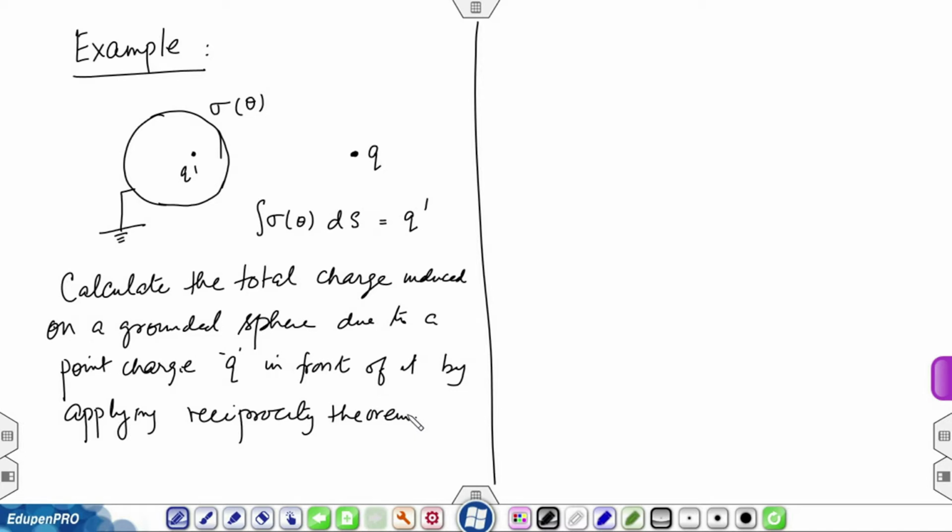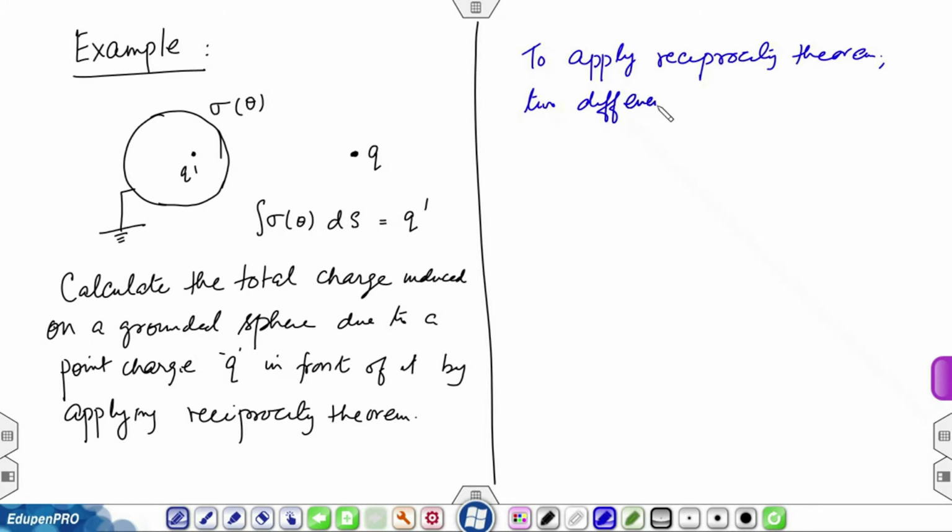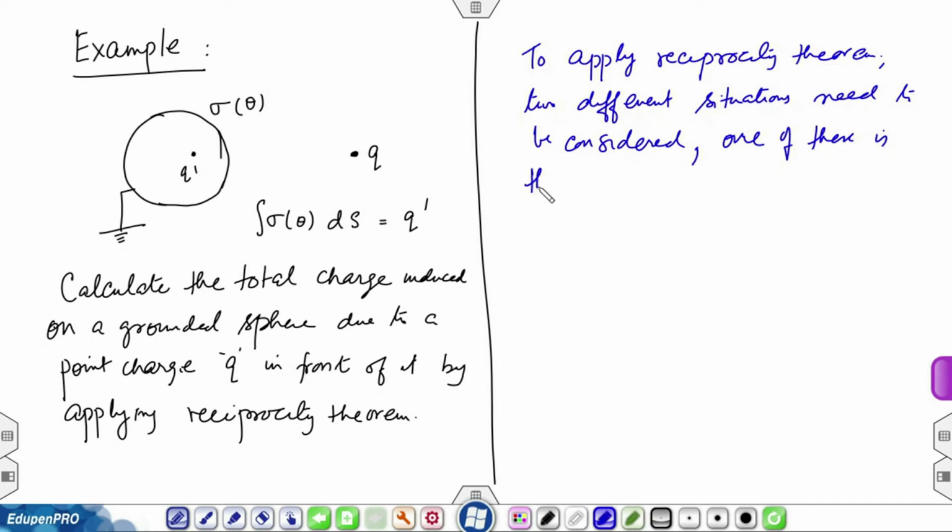To apply the reciprocity theorem, I have to create two different situations, and one of these is the problem to be solved.